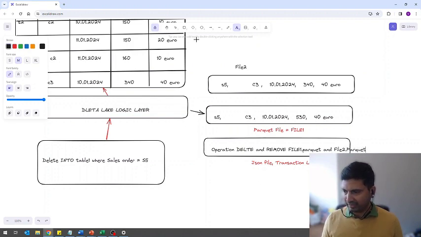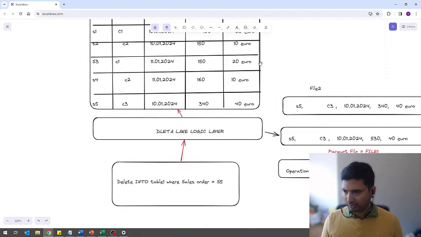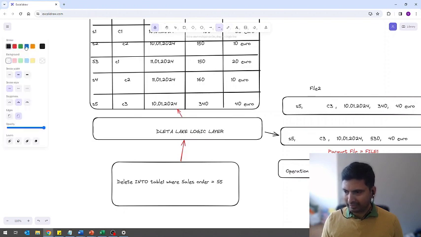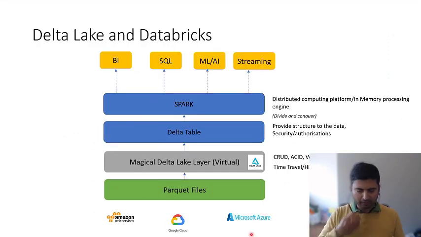So when the data is read in the report, it's going to skip these two files and completely get rid of this record. So it keeps piling up like this. It keeps creating the files. It keeps creating the logs, and you have a bunch of whole data sets in the system then.